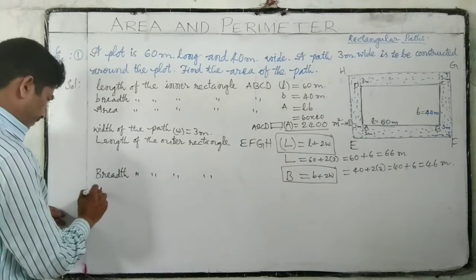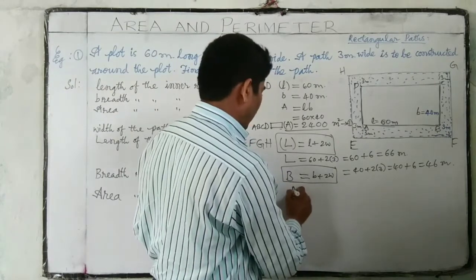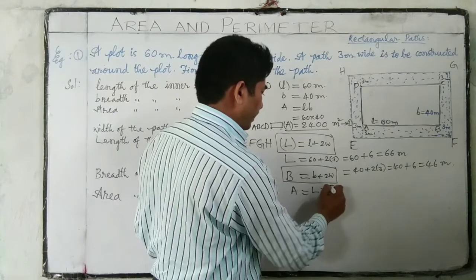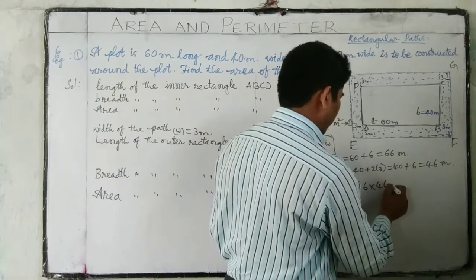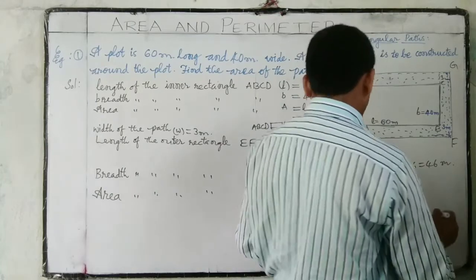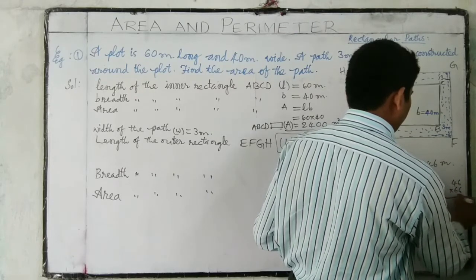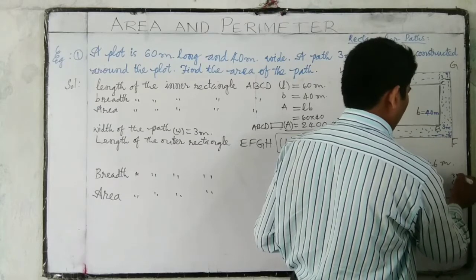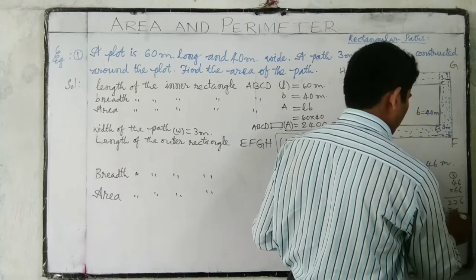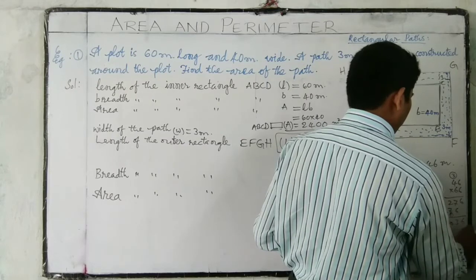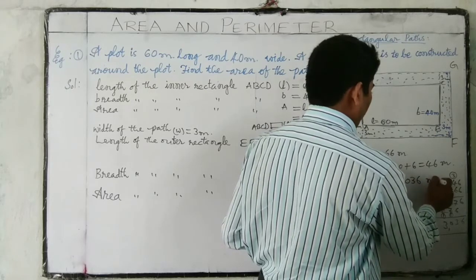So now area of the outer rectangle EFGH, A is equal to capital L into capital B, 66 into 46 is equal to 66 into 46. 46 into 66, 6 6s are 36, 6 4s are 24, 27, 6 7s are 42, 6 13, 10, 3, 3036 meter square.